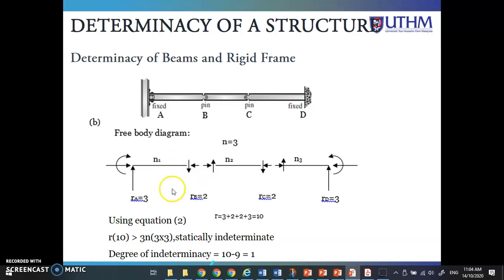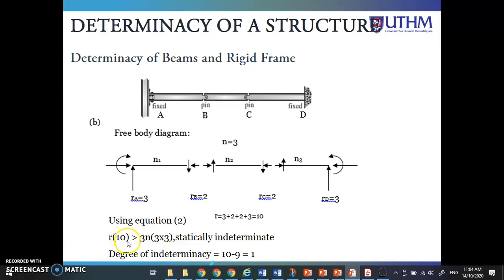Okay, so kita pecahkan dia. So kita kira dia punya summation of reaction. So total reaction dia adalah 3 campur 2 campur 2 campur 3, 3 plus 2 plus 2 plus 3 equal 10. N dia adalah 3. N equal to 3. So 3N is 3 times 3.